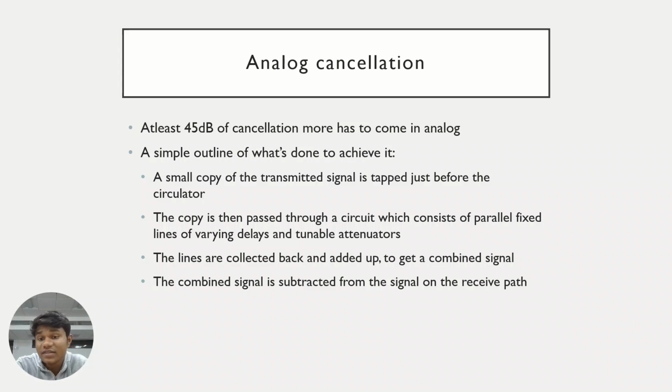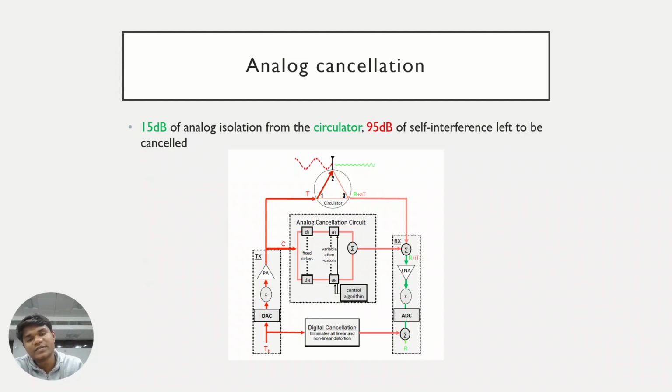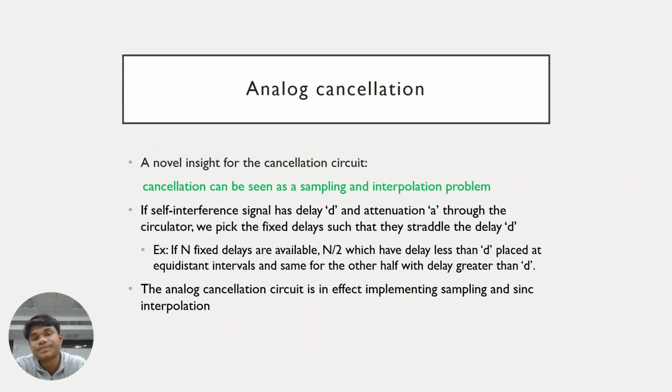Now the combined signal is subtracted from the signal being received on the receive path, that is port 3, as we see here. A novel insight for this cancellation circuit is that this analog cancellation can also be seen as a sampling and interpolation problem.